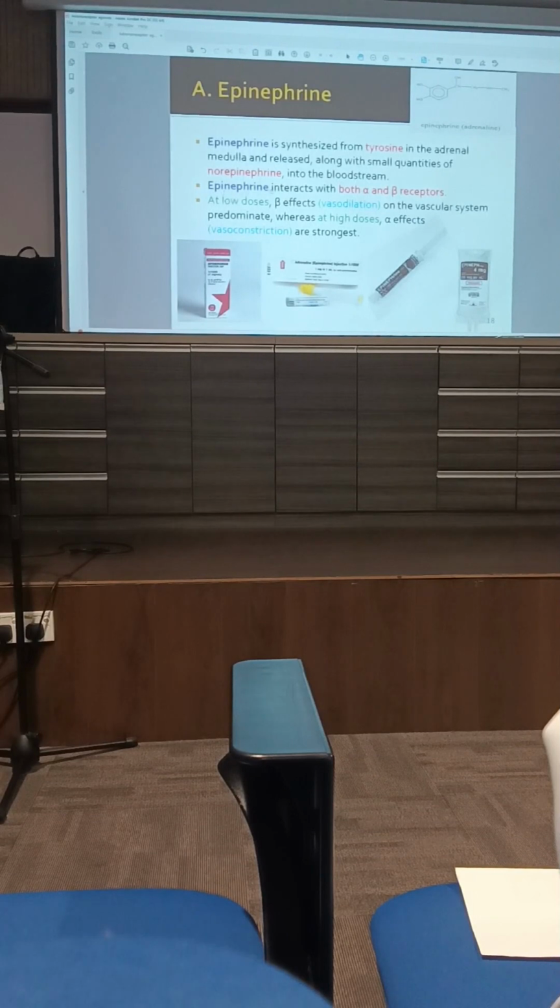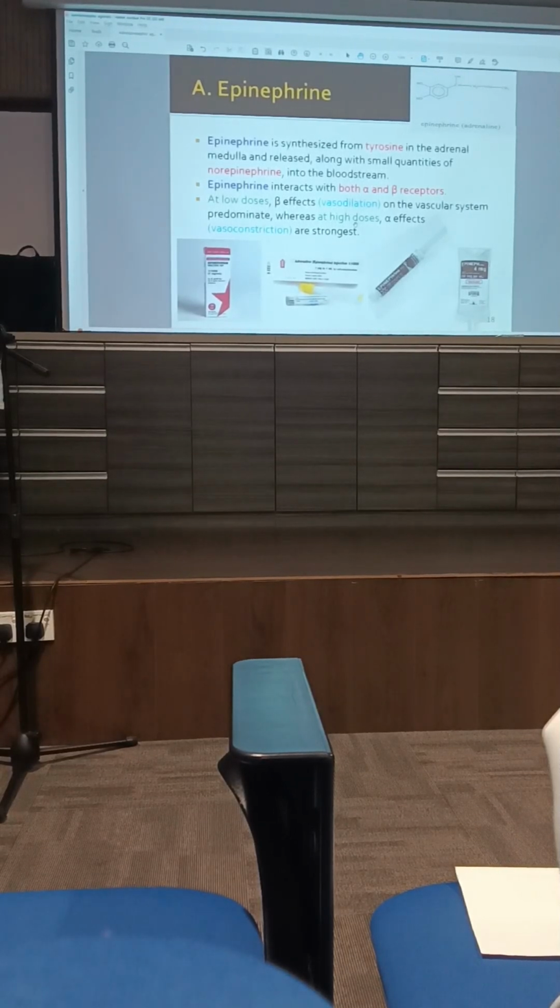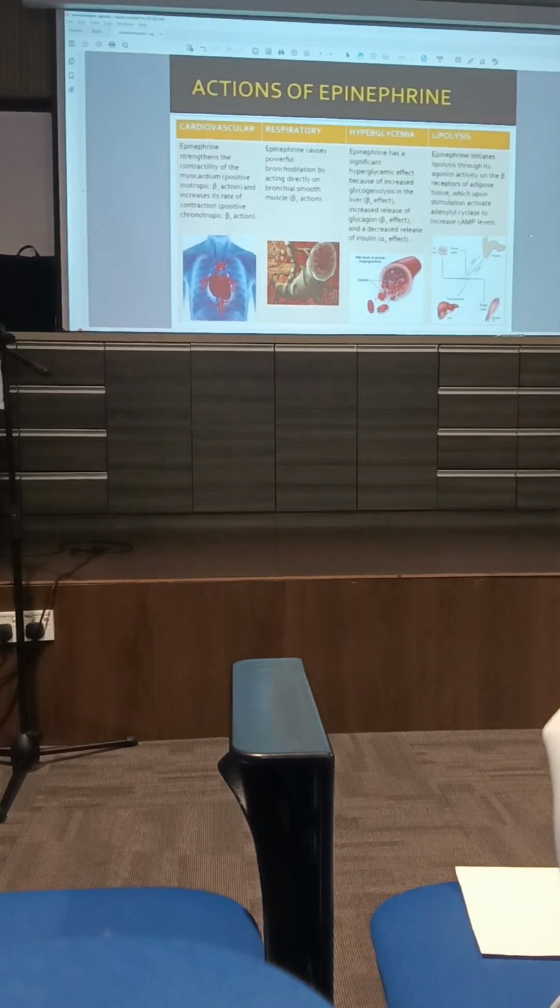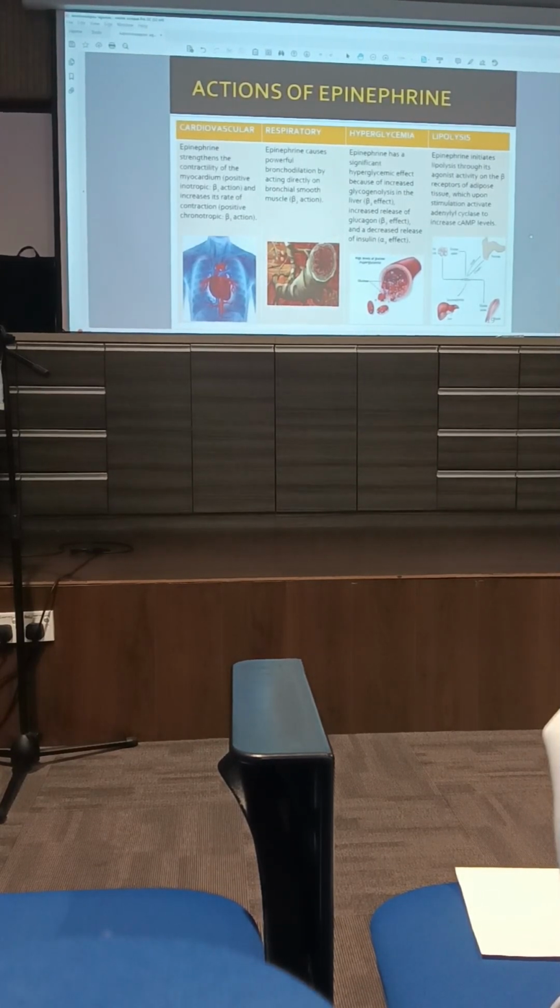Epinephrine interacts with both alpha and beta receptors. At low dose, beta effects like vasodilation happen in the vascular system, whereas at higher dose, alpha effects like vasoconstriction are the strongest. Those are examples, as you can see from the diagram. Now we look at the actions of epinephrine.